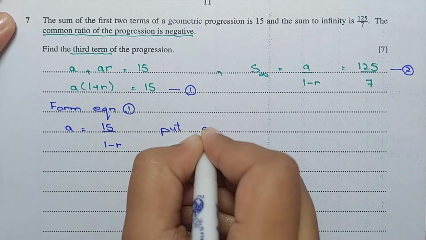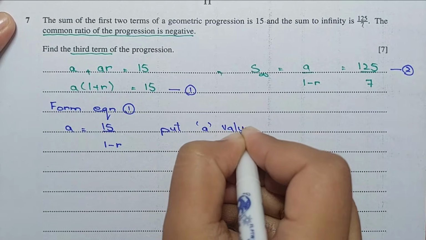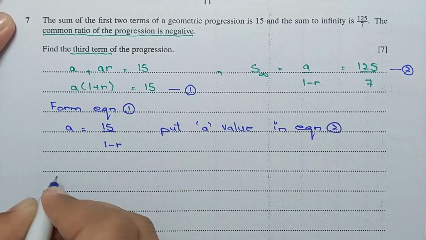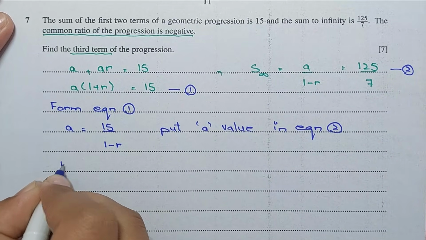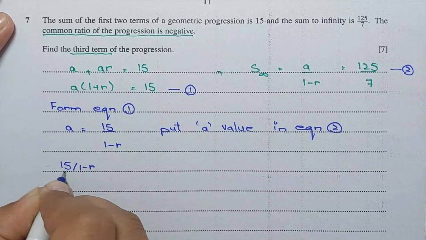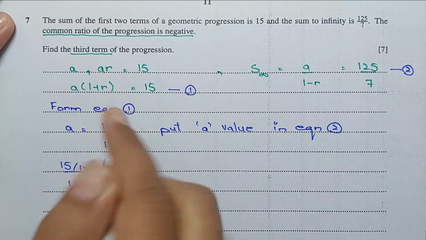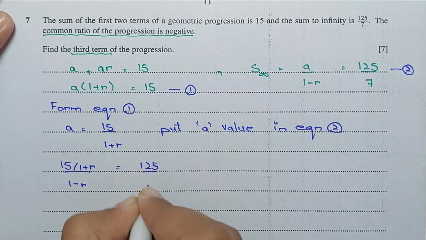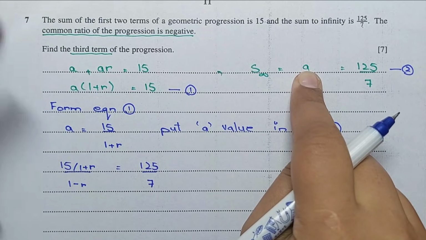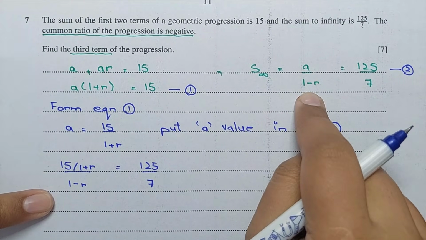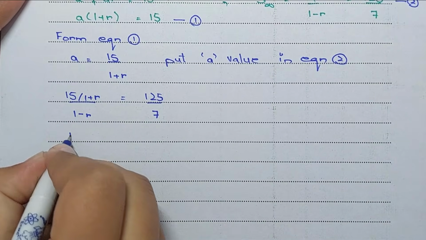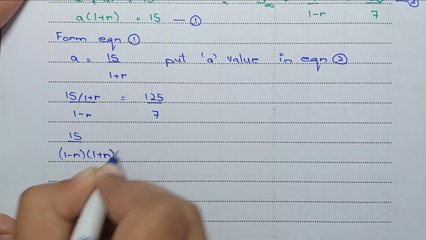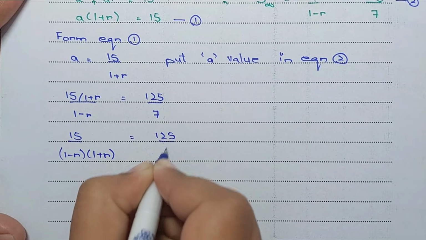Put the a value in equation 2. So I just plug in the a value, which is 15 over 1 plus r, divided by 1 minus r, and the rest of the thing is the same. So 15 over (1 minus r) into (1 plus r) would equal 125 over 7.